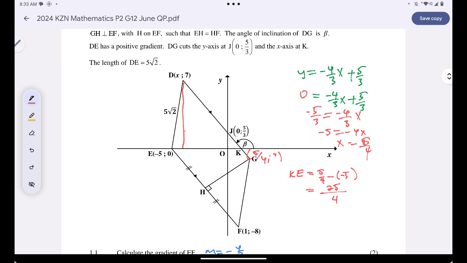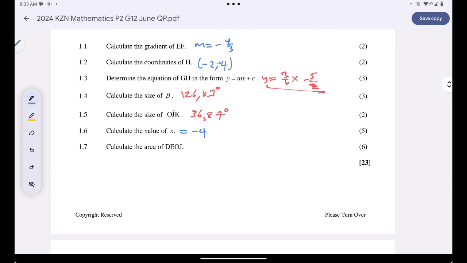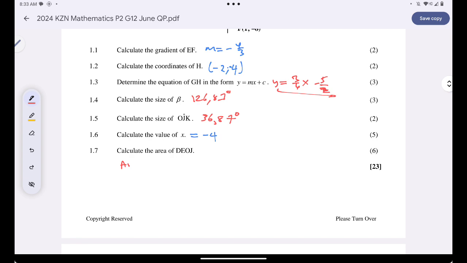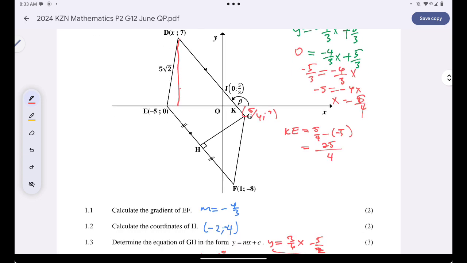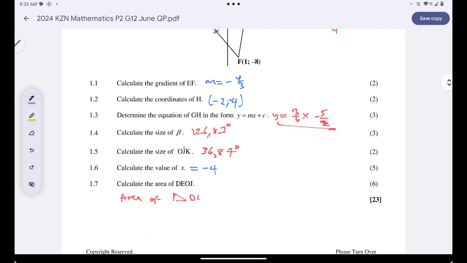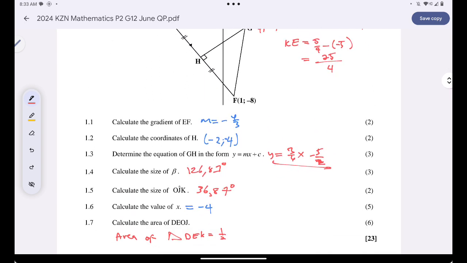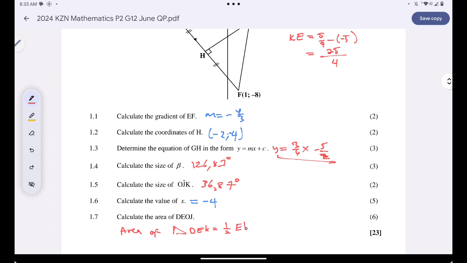So the area of the bigger triangle, I'll say, where must I write? Okay. Area of triangle, it's DEK. It's 1 over 2. My base is EK multiplied by the perpendicular height. 1 over 2.